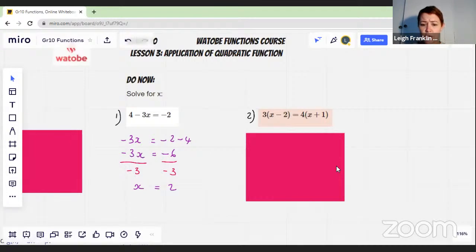What did you get x is equal to? You can type it into the chat. Okay, Kelebohile, you got -3. Okay, cool. Thank you for putting your answer in. Anybody else? Marisa, you got -6. And Ntlafatso, you got -10.